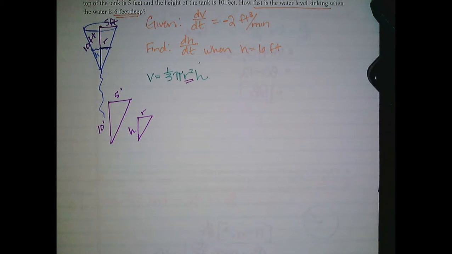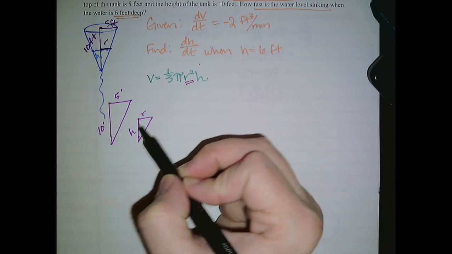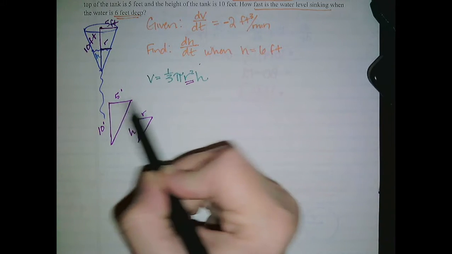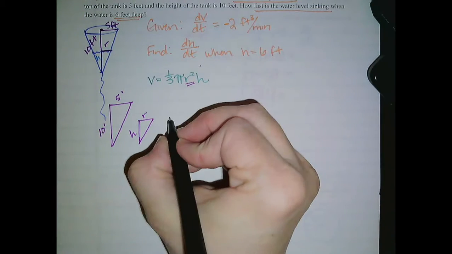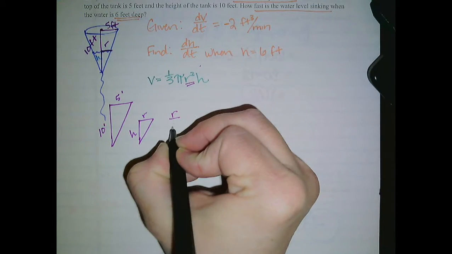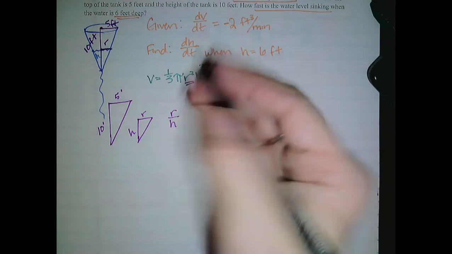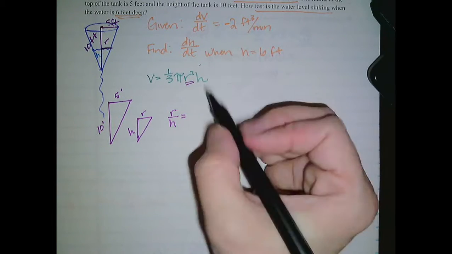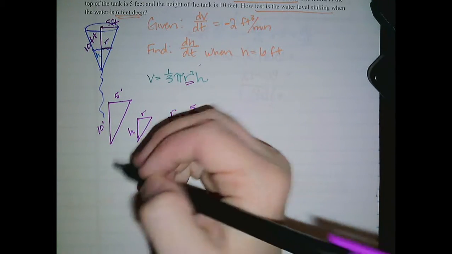So I can set up a proportion that's going to relate the r value, the radius of the water, and the h value, the height of the water, to this similar triangle that has a radius of 5 and a height of 10. In other words, the proportion r over h, radius to height, of our small triangle will be proportionate to the radius of our larger triangle, which is 5, and the height of our larger triangle, which is 10.